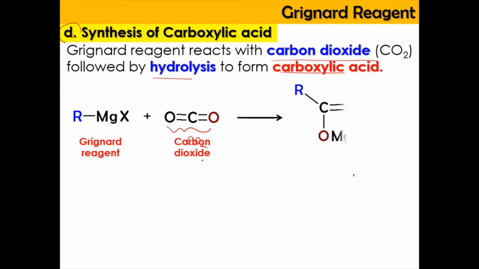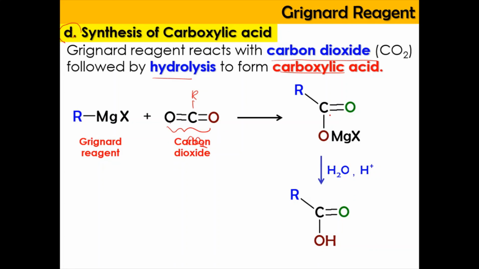When we react them together, what we're going to get is R here, and the oxygen here is going to be attached with MgX. Then we can undergo hydrolysis at acidic condition in order to produce carboxylic acid.